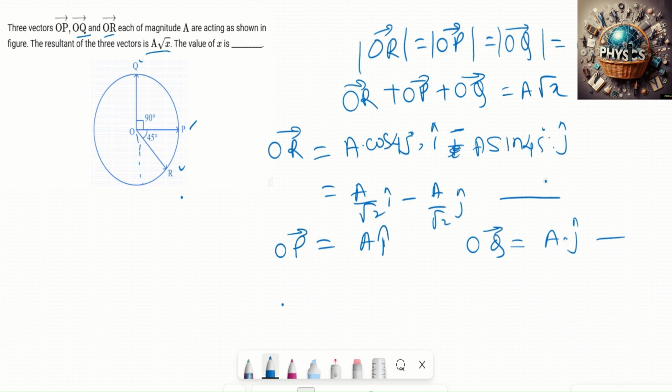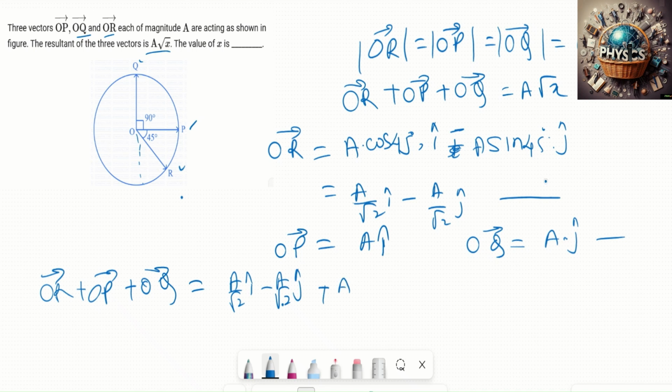So if you want to add these, our sum OR plus OP plus OQ is equal to A by root 2 i cap minus A by root 2 into j cap plus A i cap plus A j cap, which gives us A by root 2 plus A into i cap plus A minus A by root 2 into j cap.